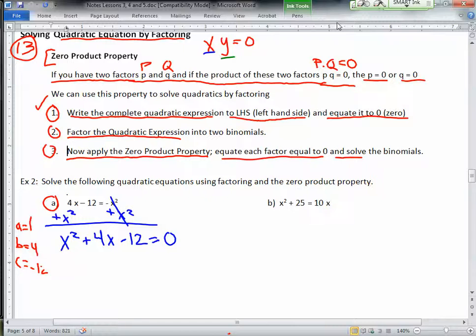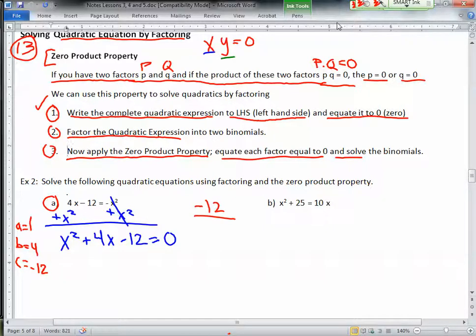Since my leading coefficient is 1, all I need to do is look for factors of C, which is negative 12, that add to give me B, which is positive 4. Since they multiply to give a negative number but add to give a positive number, I'm looking for one negative and one positive, and the positive is going to be bigger.